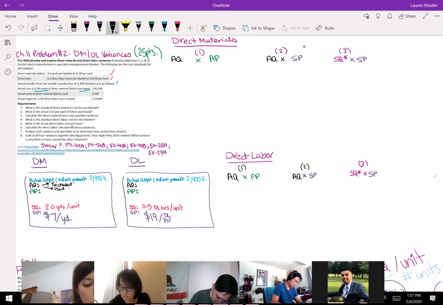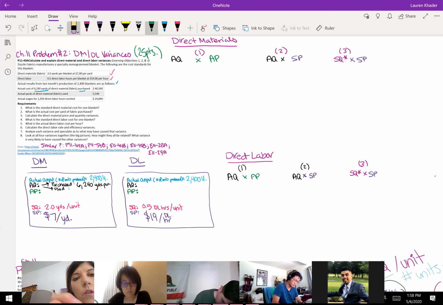So 6,240 yards purchased. And then we have $40,560, which is the cost that we paid for those yards of fabric. So we're going to do a little calculation for the actual price.